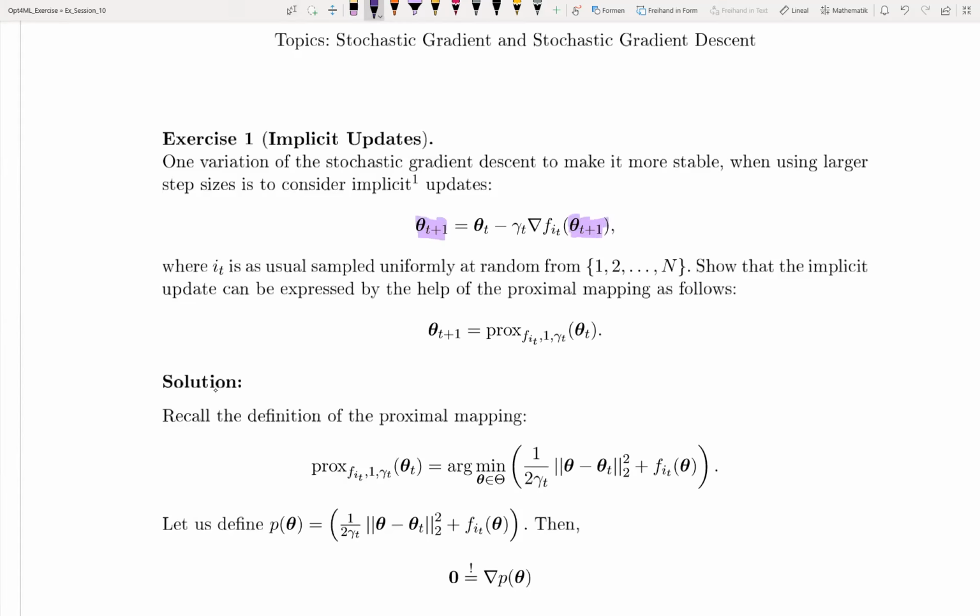And what we can do is we can also write it as our good old proximal mapping we have dealt with on the previous exercise sheet. Namely, we can simply express the next update here at this position also as the proximal mapping of f_i for lambda being equal 1, step size gamma_t at the current position theta_t.